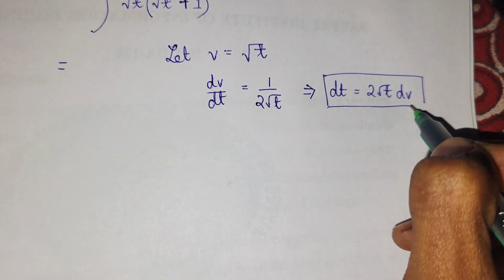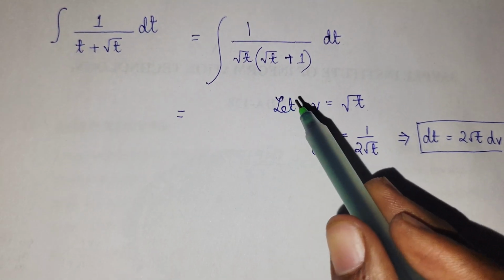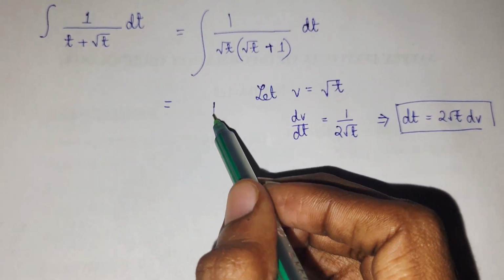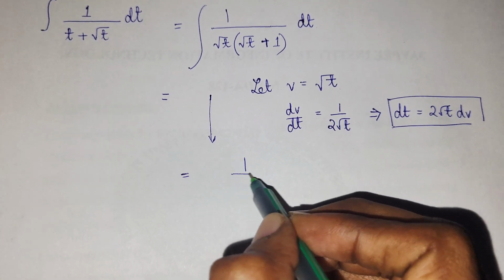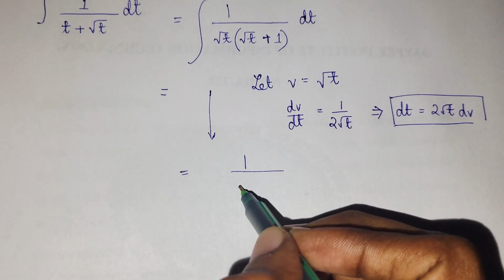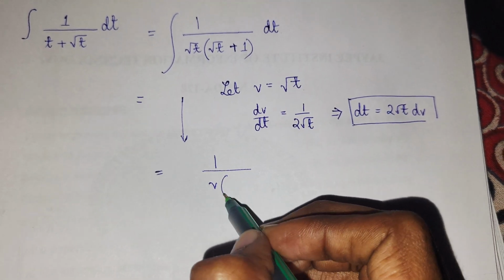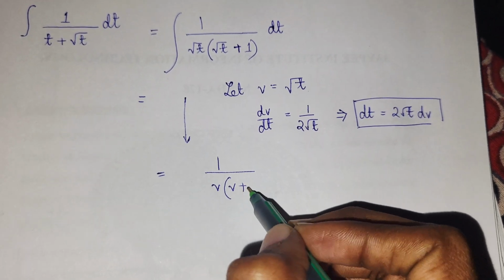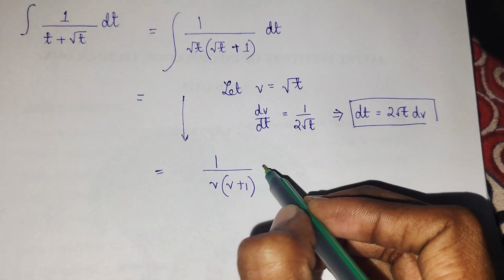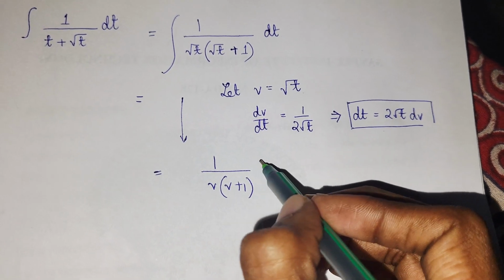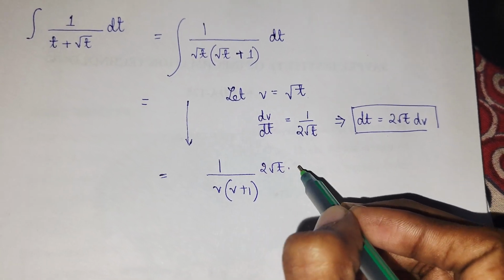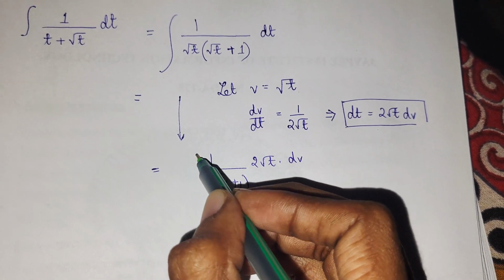So we can just replace this here. If we replace, we can see 1 by square root of t will be 1 by v, square root of t again is v, so v into v plus 1, and we multiply this by dt. In place of dt, we can write 2 square root of t multiplied by dv, integration.